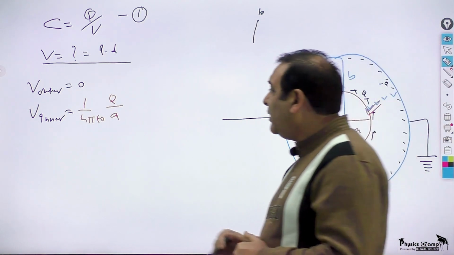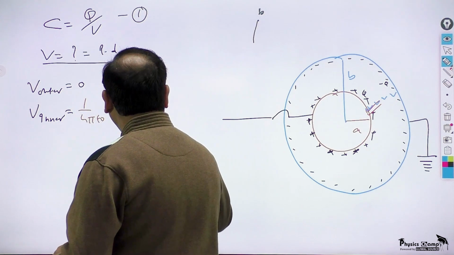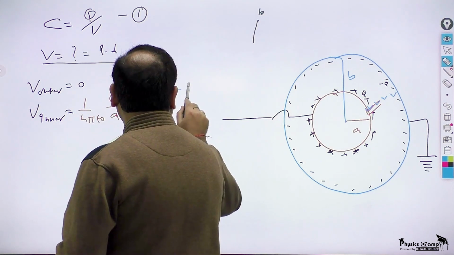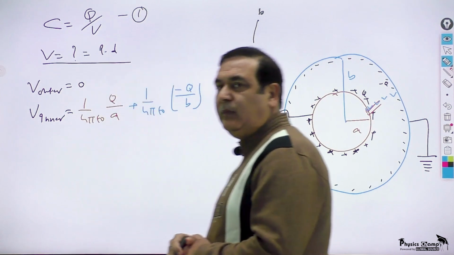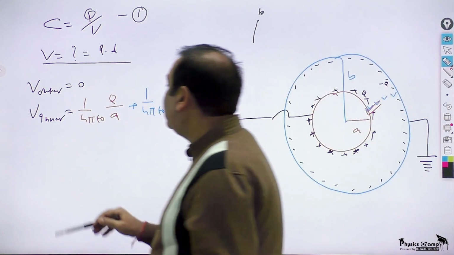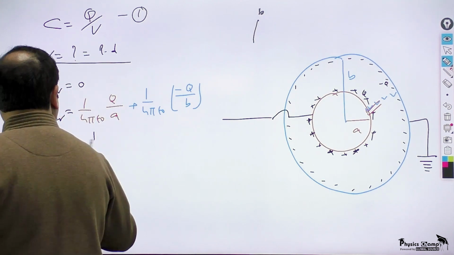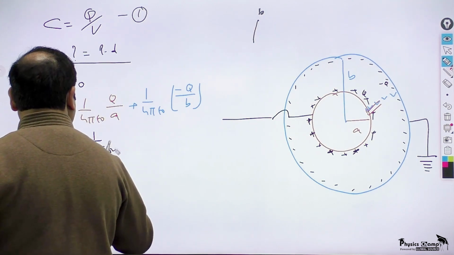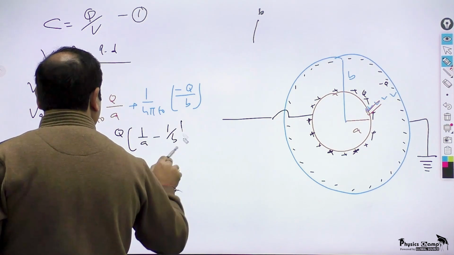So on this inner shell, there is one more potential, and that is due to the inner induced charge of the outer shell, and it is minus Q by B. So if I finally say what is the potential on the inner shell, it is 1 by 4 pi epsilon naught Q into 1 by A minus 1 by B.